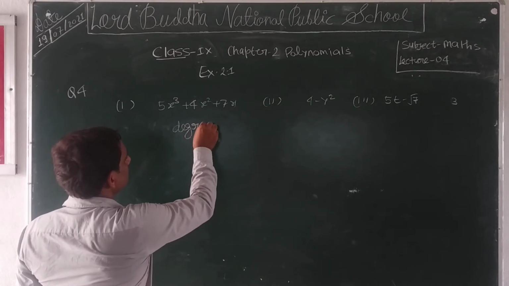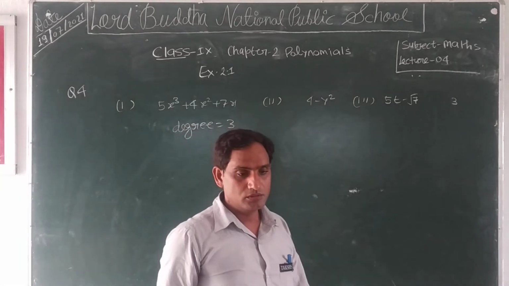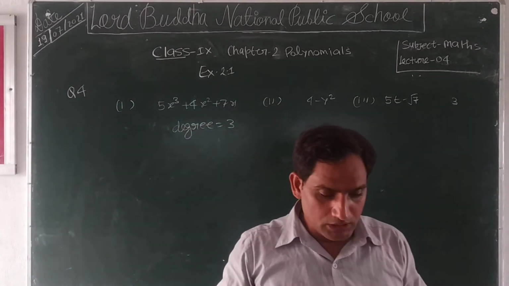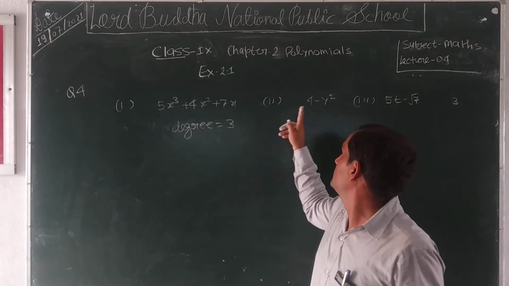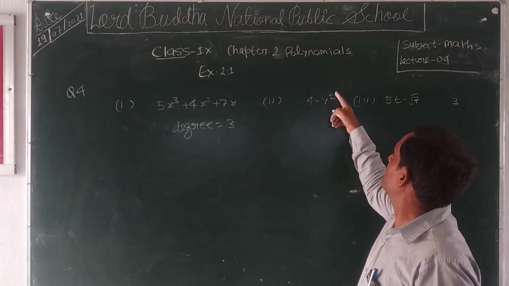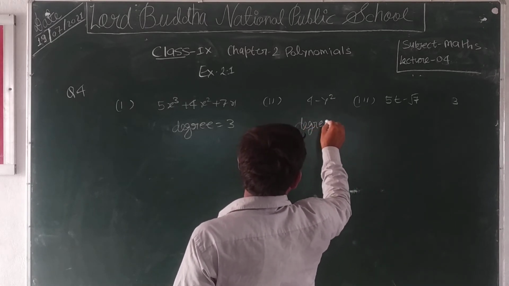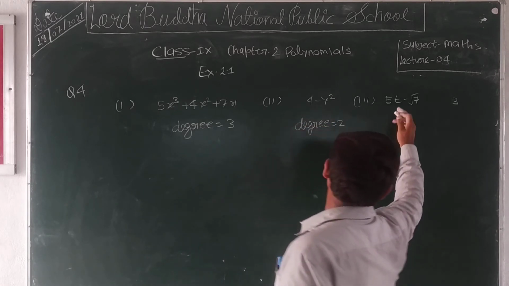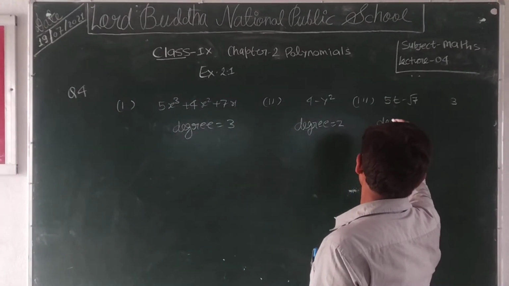Complete? Degree equal to 3. Now, we see the second. Here the highest power of variable is 2, degree 2. Here the highest power of variable is 1, degree 1.